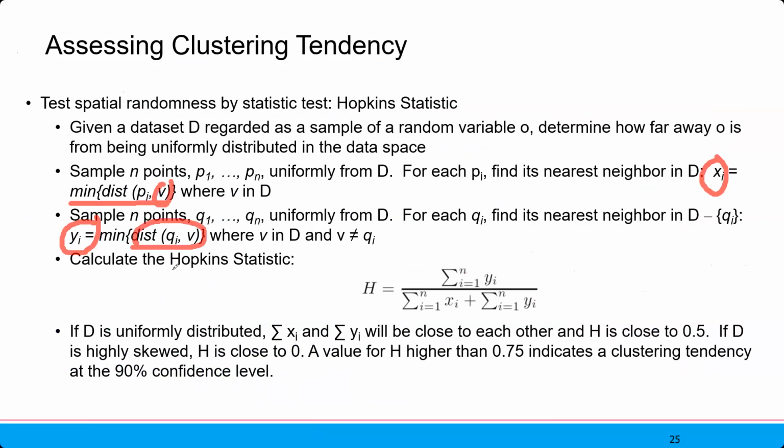So the Hopkins statistic is the calculation of all Y. What is Y?